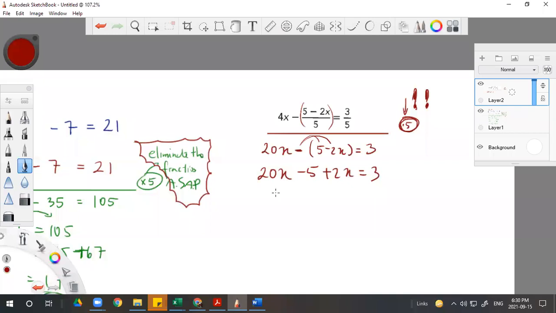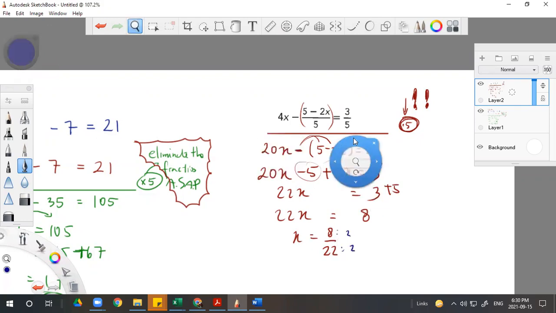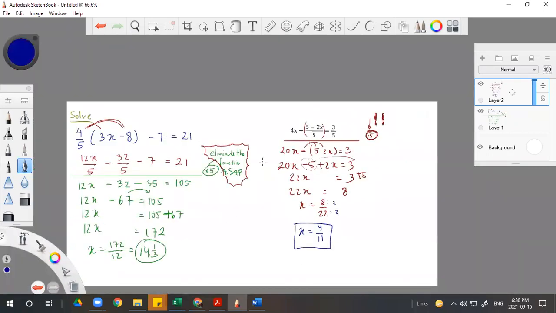So 20x plus 2x is 22x equals 3. Put the 5 on the right hand side, it becomes plus 5. So 22x equals 8. So x equals 8 over 22. Divide by 2, divide by 2, make it simple: 4 over 11. Done. That's your answer.